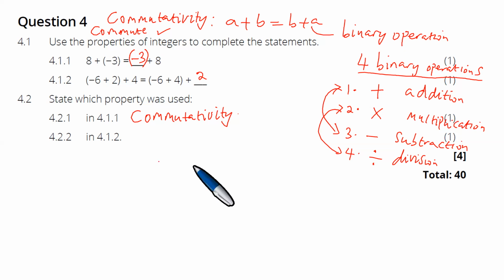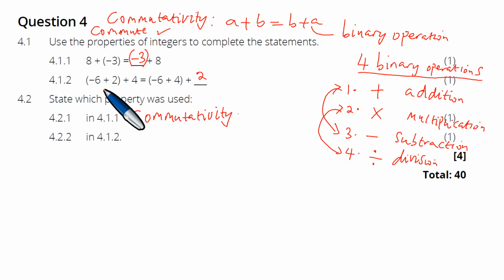We proceed now. In 4.1.2, state which property was used in 4.1.2. What actually transpired here? Because you had actually -6 plus 2.